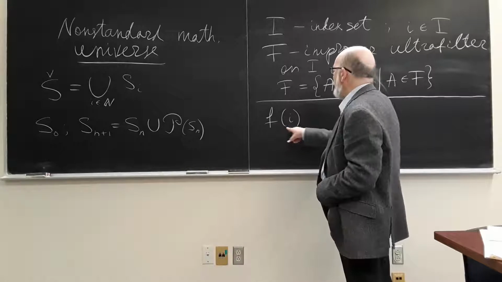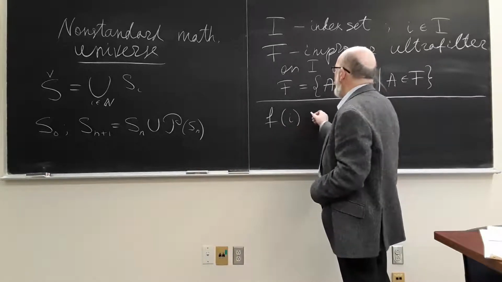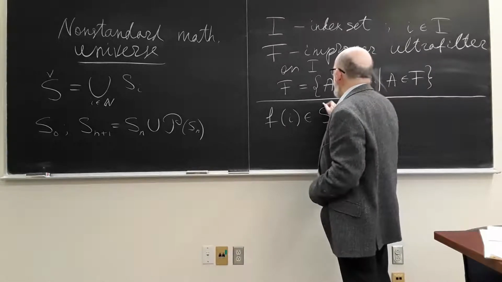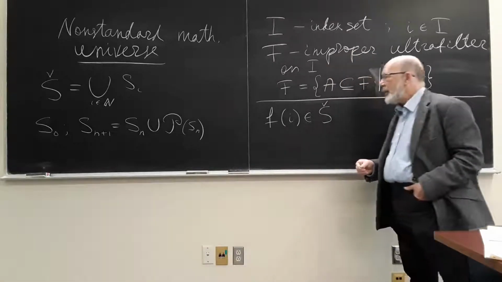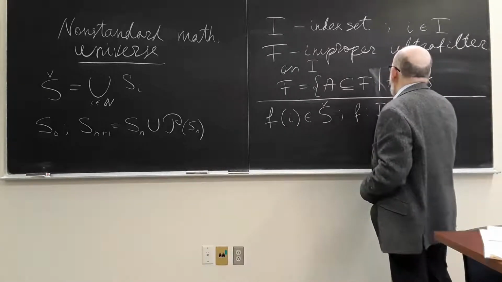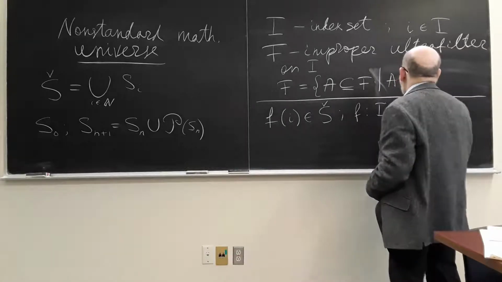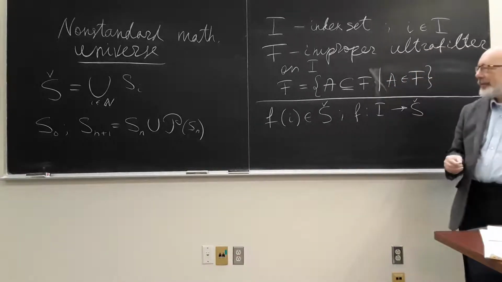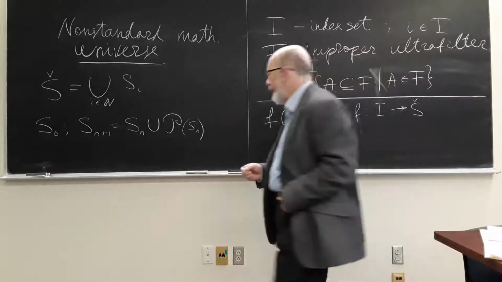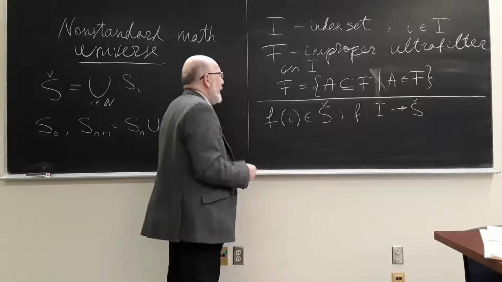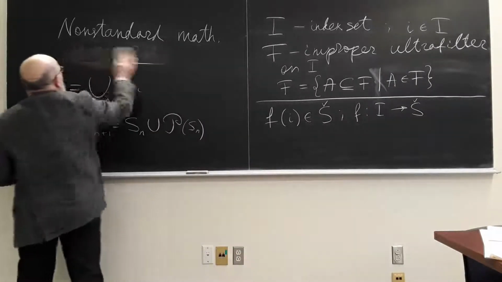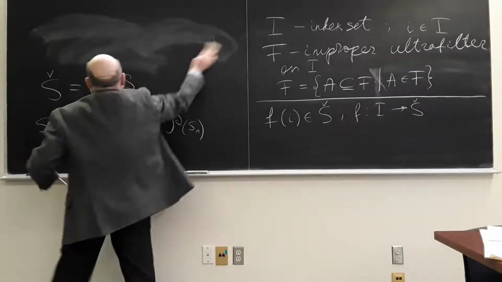So elements of f of i are functions with values in our superstructure, from I to our superstructure. And not all functions like this, but only functions having the following property.